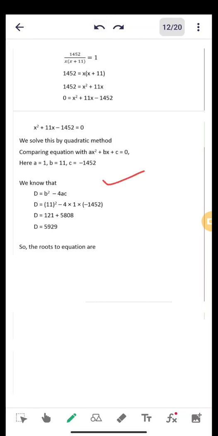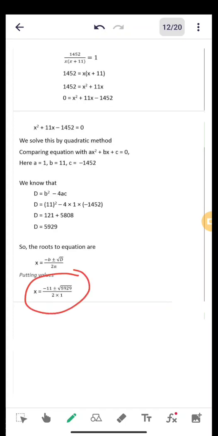If we are doing it by quadratic formula method, then you should know how to find the square roots. Else you can go for splitting the middle term. That's your choice. Next, putting the values in the formula, minus b plus or minus under root d, where d is 5929, and minus b is minus 11.